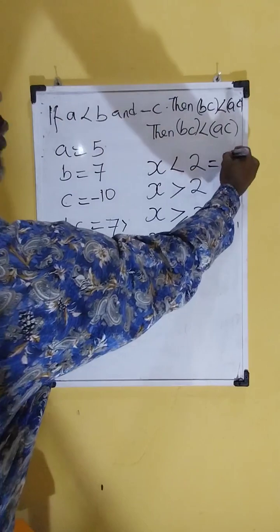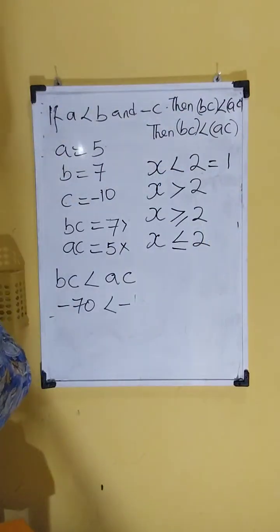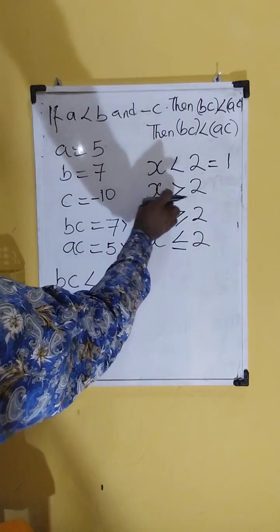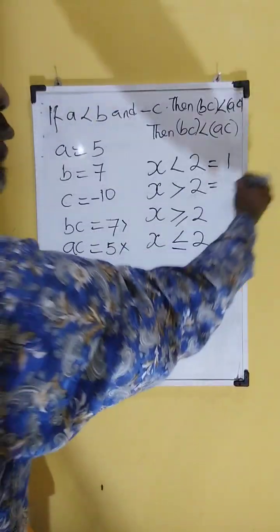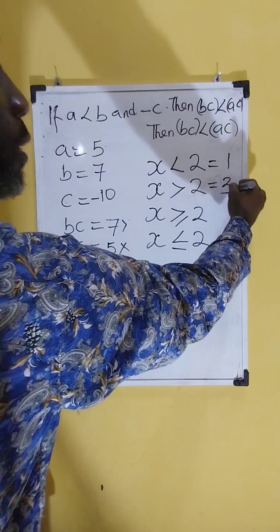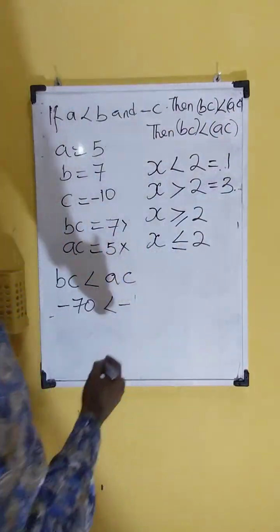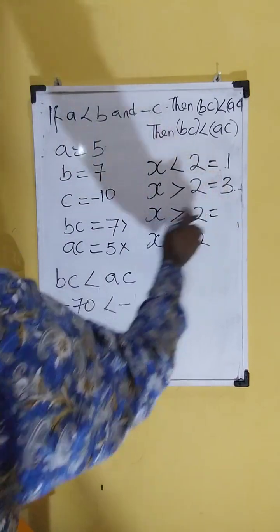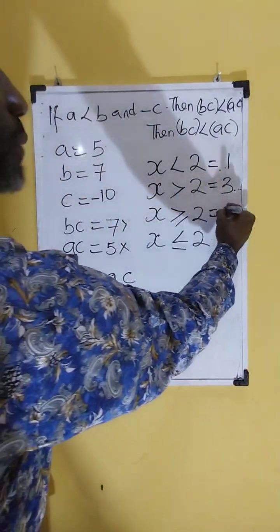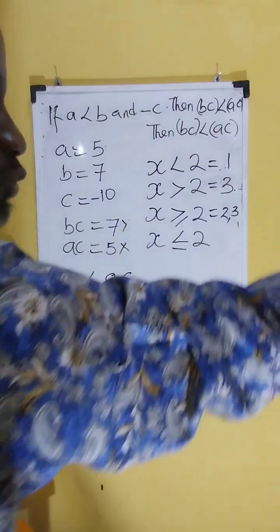So if x is greater than 2, it means that the number x is above 2, so from 3 upwards. If x is greater than or equal to 2, it means that x can be 2, 3, and so on.